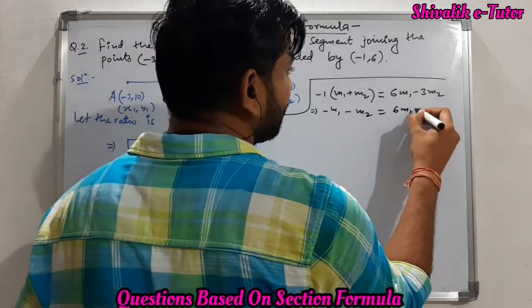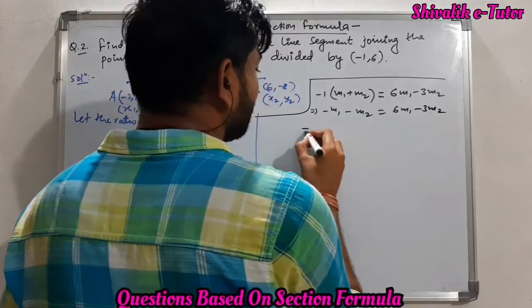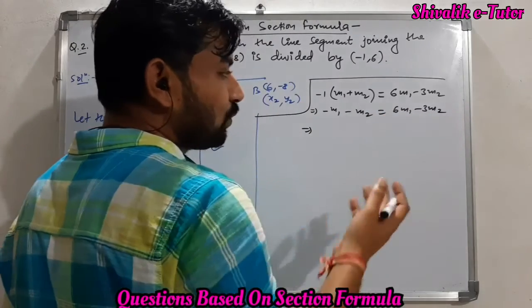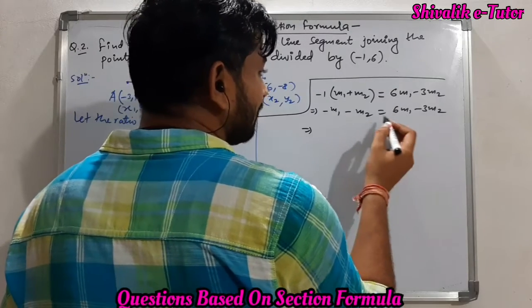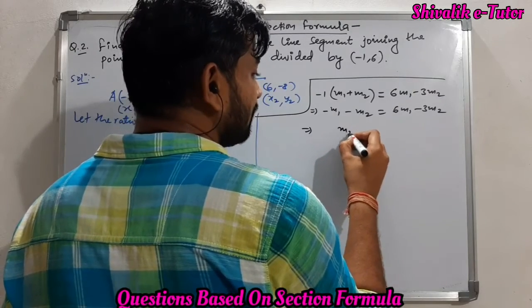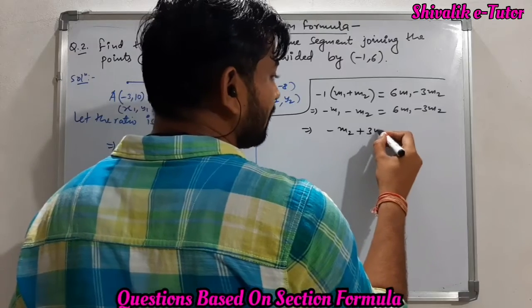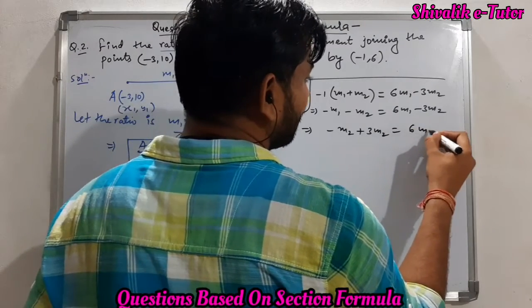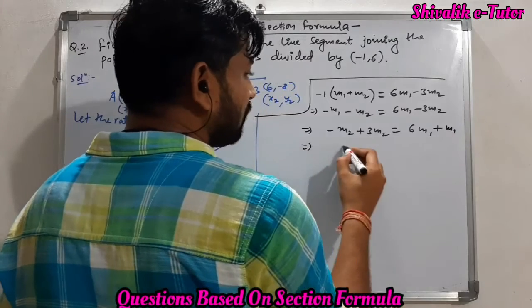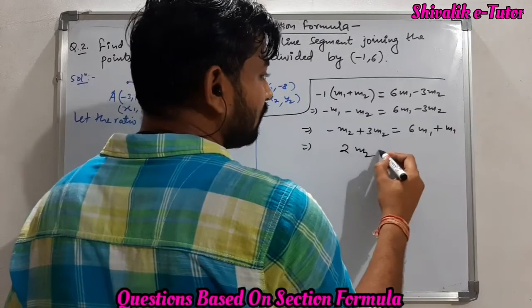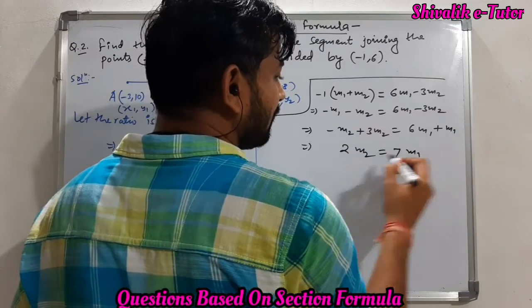This is equals to 6m1 minus 3m2. जब हम इसको m1 और m2 को अलग अलग साइड में करेंगे, जैसे मैं m2 को इधर लेके आ जाता हूँ, -m2 plus 3m2 and 6m1 is on RHS, so this is plus m1. जब आप इसको सोल्व करोगे तो ये आएगा 2m2 is equals to 7m1.